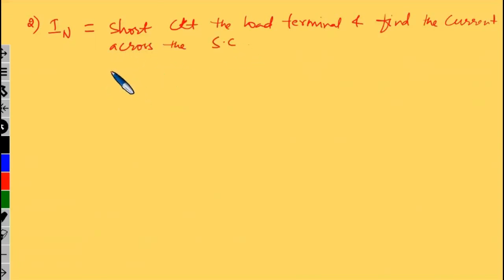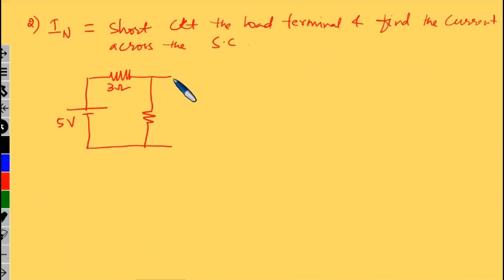Okay, so the circuit will now become a voltage source of 5 volts in series with a 3 ohm resistor, and that is connected like this. This was the terminals A and B of the 6 ohm resistor, where we are going to find Norton current.